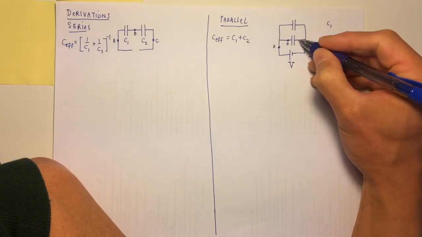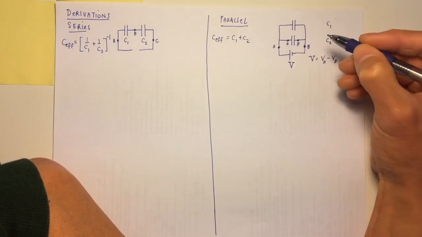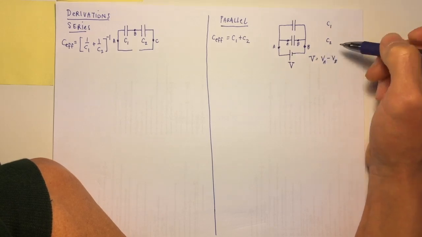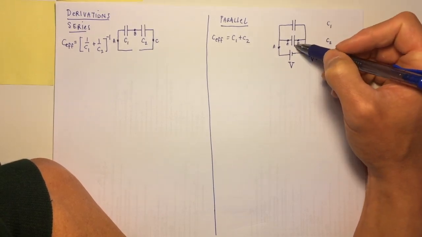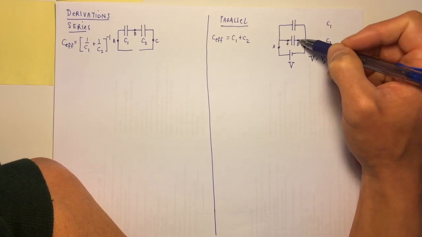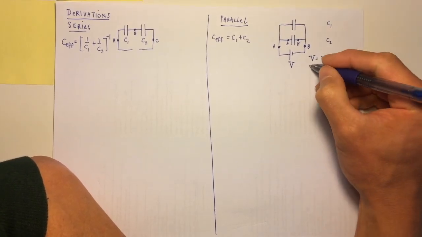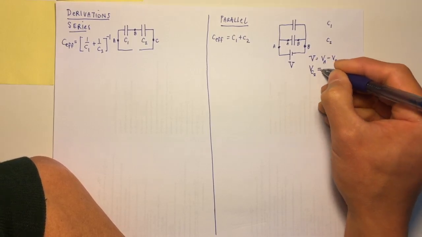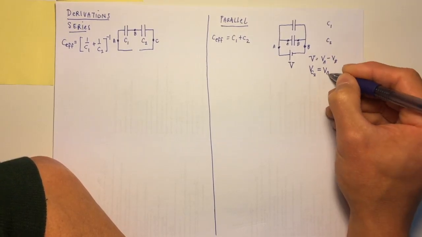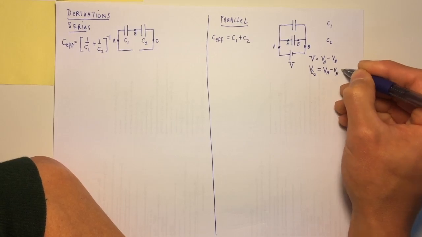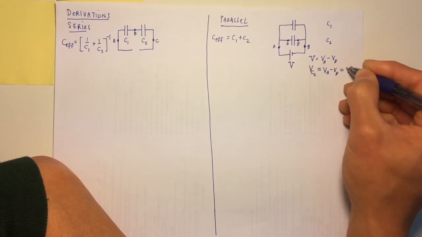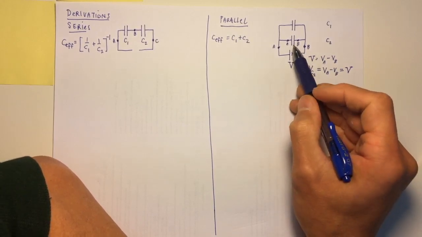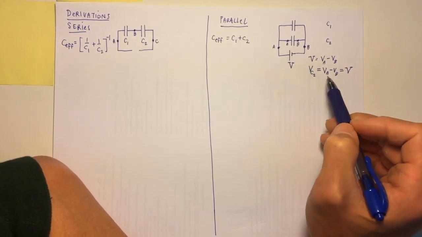And this little dot here is B, which is a different potential value than A. So the right-hand side plate of this capacitor C2 is VB. That is, the potential difference across C2 is also equal to VA minus VB. It's just the battery voltage. That is, the capacitor C2 sees all of the voltage of the battery.